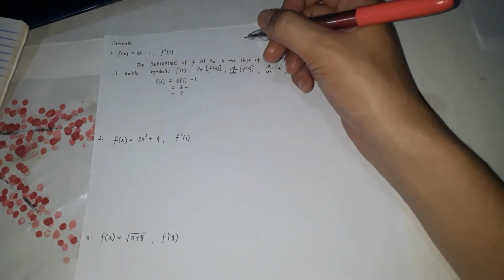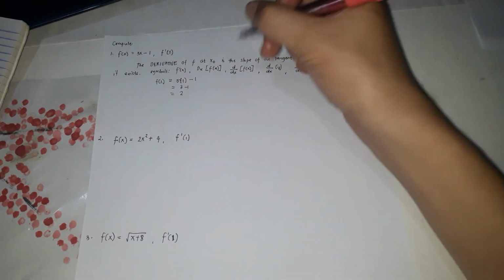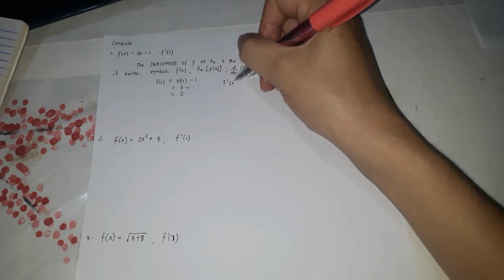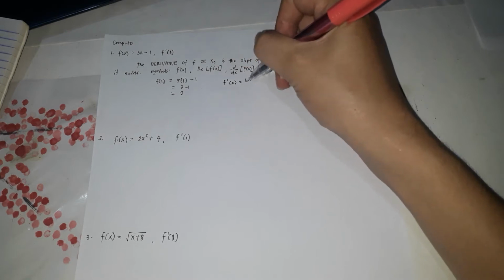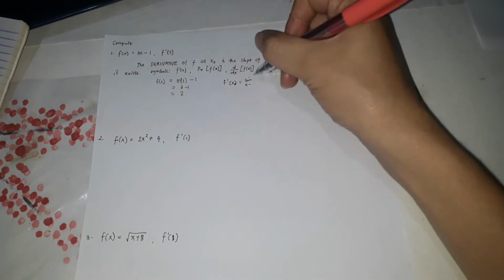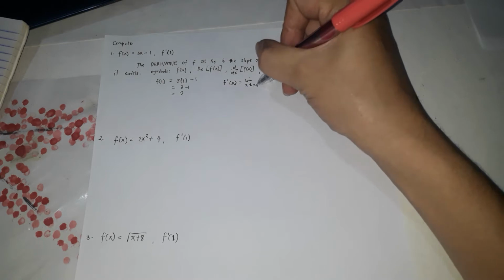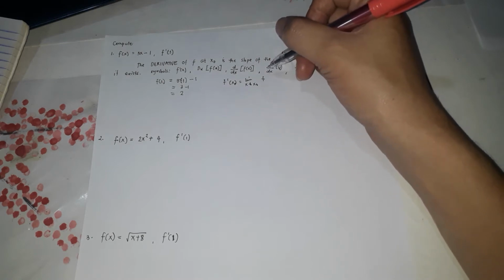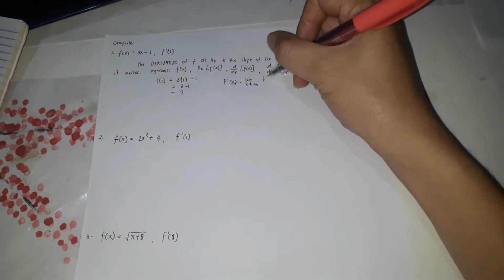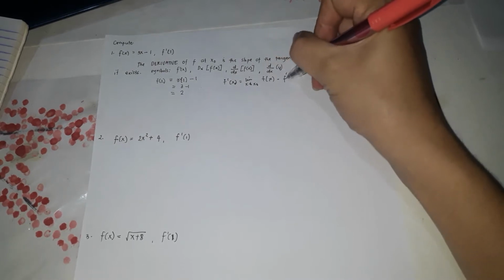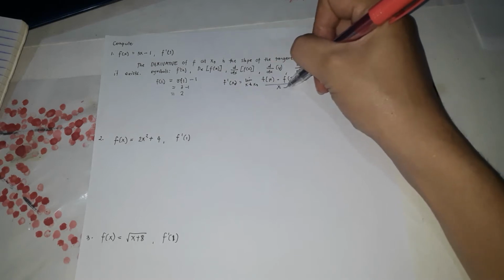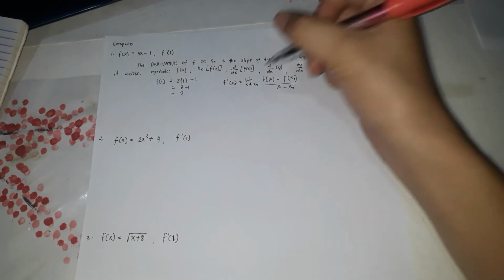So f of 1 is 2, because the formula for derivative is this one: f prime of x sub 0 is equal to the limit as x approaches x sub 0 of f of x minus f of x sub 0 over x minus x sub 0.